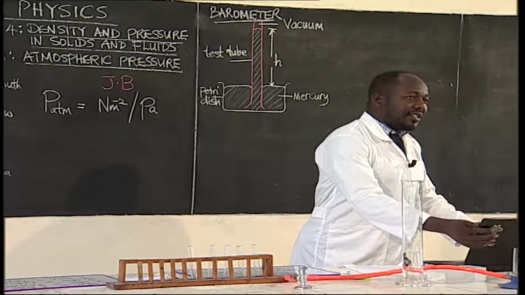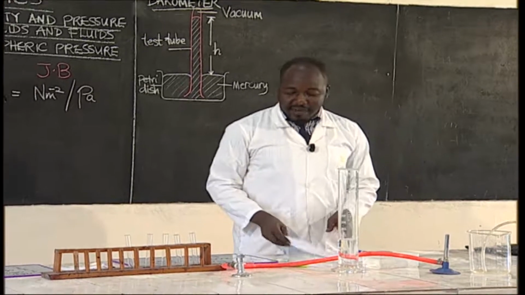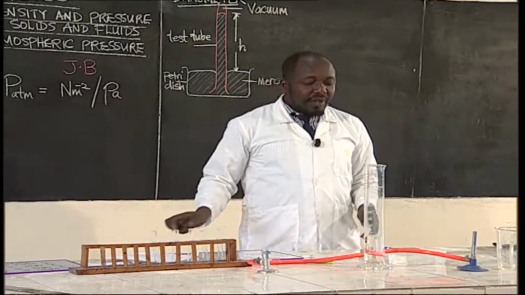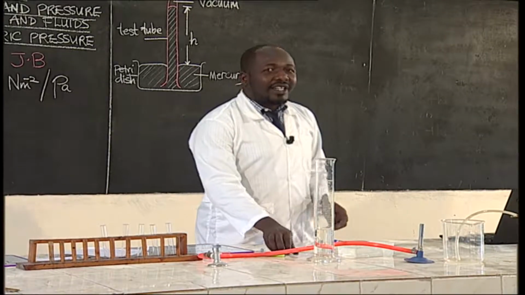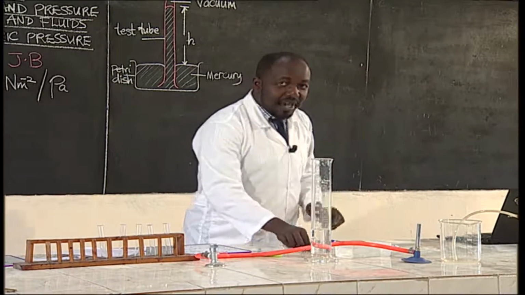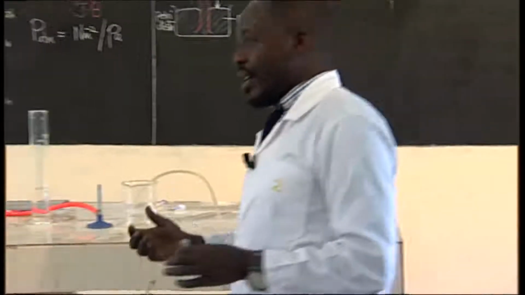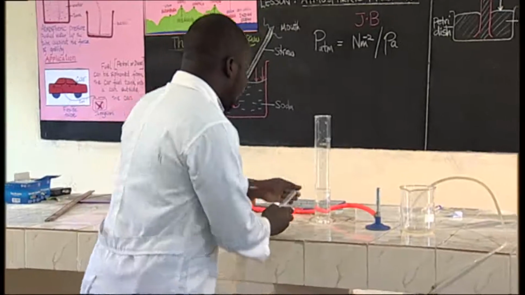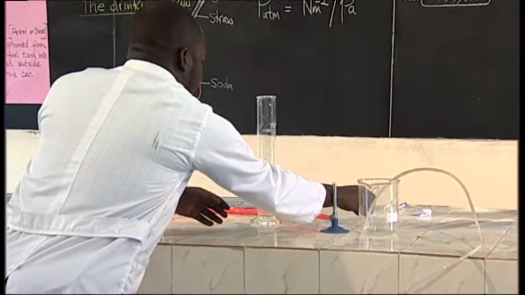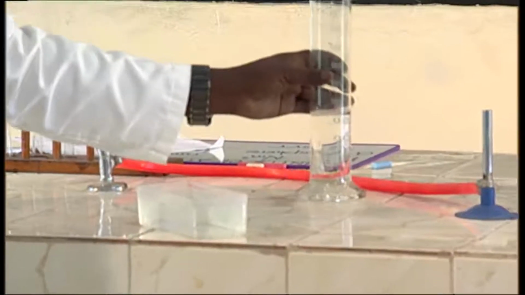Now, how is a barometer constructed? It's quite easy to understand how it is constructed. And right here, I'm just going to demonstrate to you the processes that lead to the construction of a barometer. Okay? I want you to observe it well because it is this idea that we shall use to explain how a barometer works.